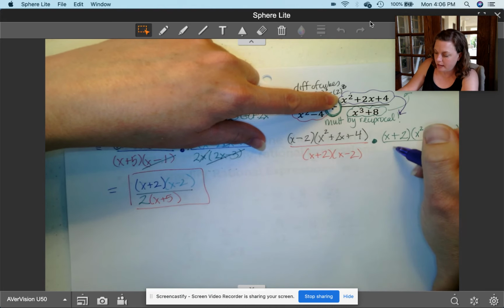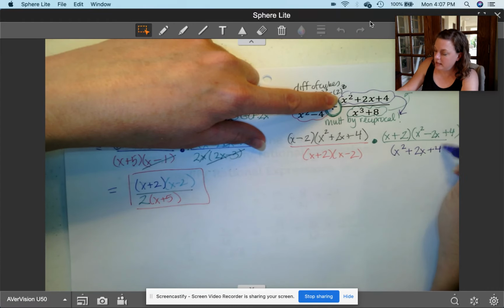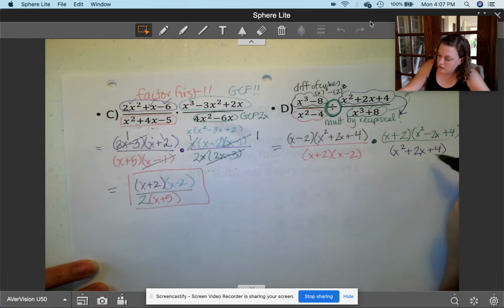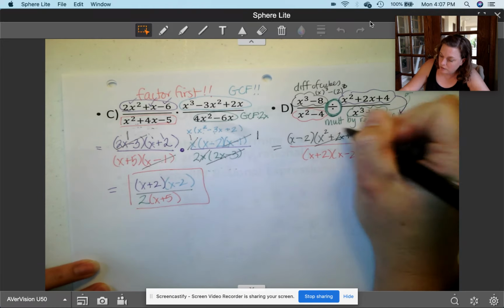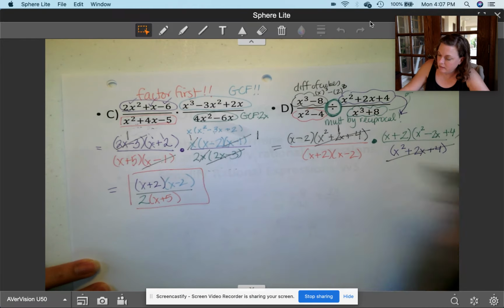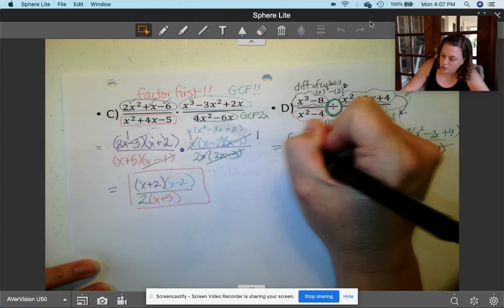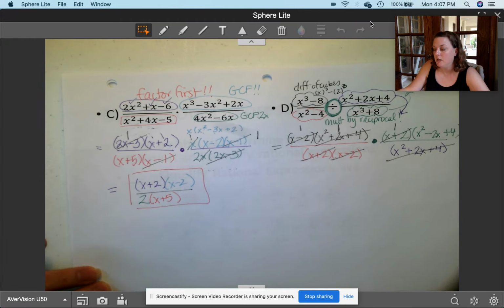That does not factor, and so that's all we can do there. And let's see what cancels. X squared plus 2x plus 4 goes into itself one time, and x plus 2 goes into x plus 2 one time. X minus 2 goes into x minus 2 one time.